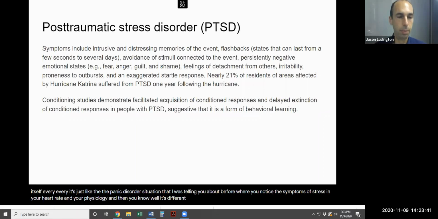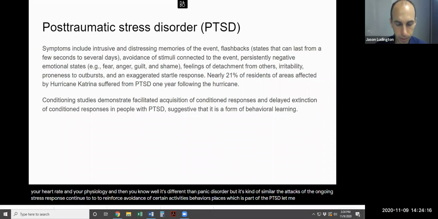Well, it's different than panic disorder, but it's kind of similar. The attacks of the ongoing stress response continue to reinforce avoidance of certain activities, behaviors, places, which is part of the PTSD.